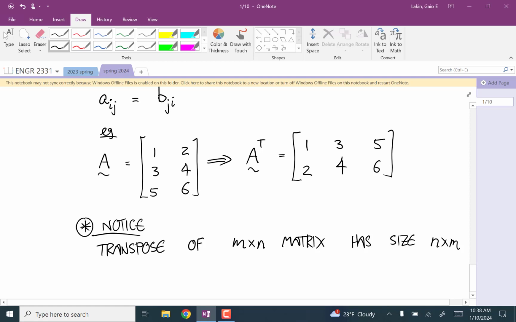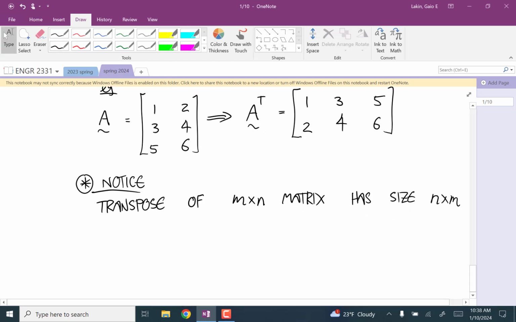Second, it wouldn't be hard to write a program to do this, but every TI calculator has this as a built-in function. And it shows up as like a little t.